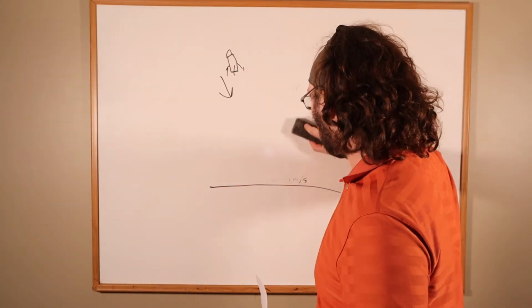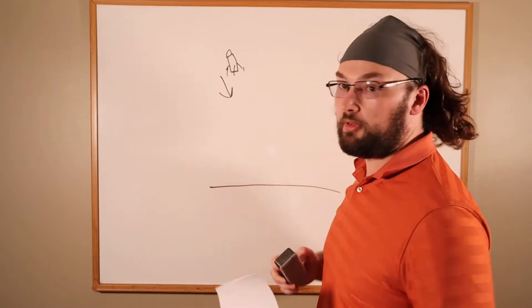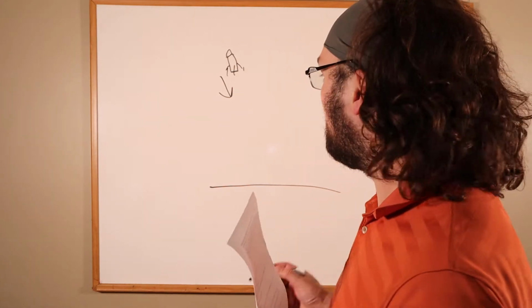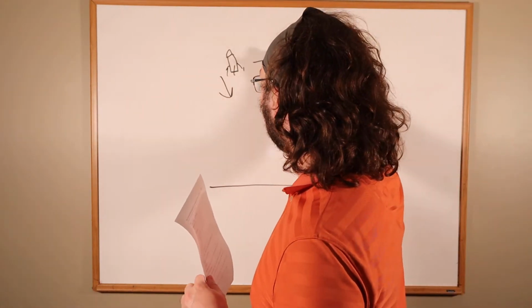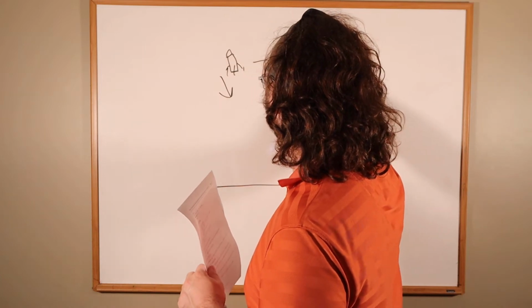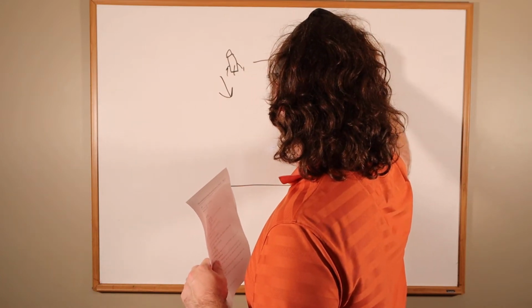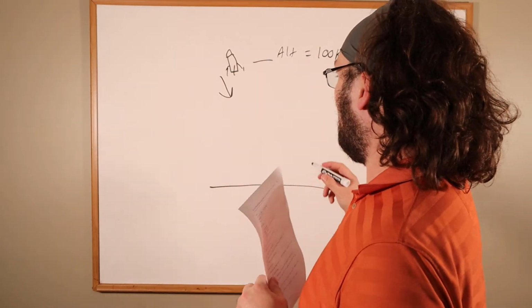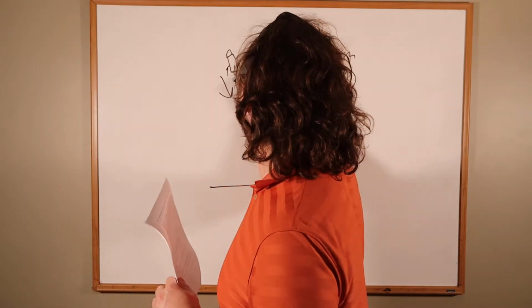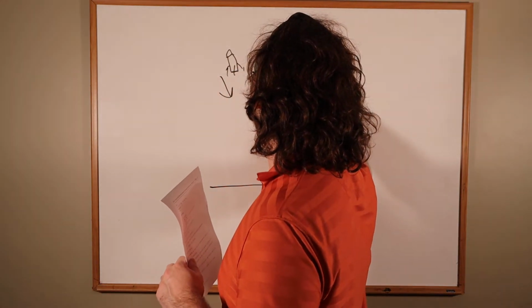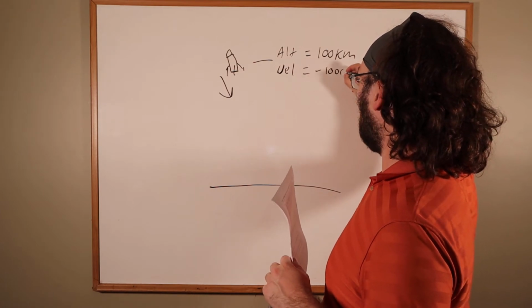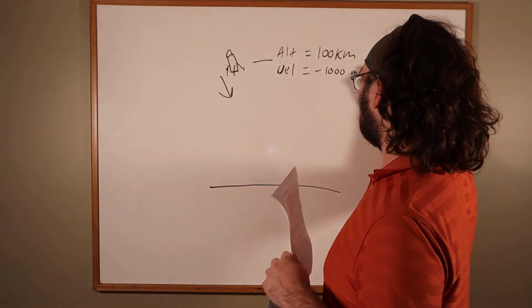Now, I want to give a couple of concrete numbers just to help think about the problem. Let's say our current altitude is 100 kilometers, and our velocity is going down at 1,000 meters per second.